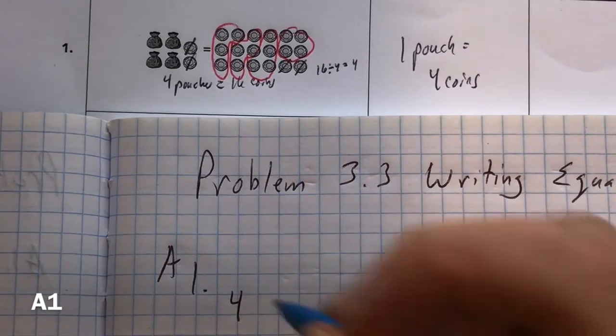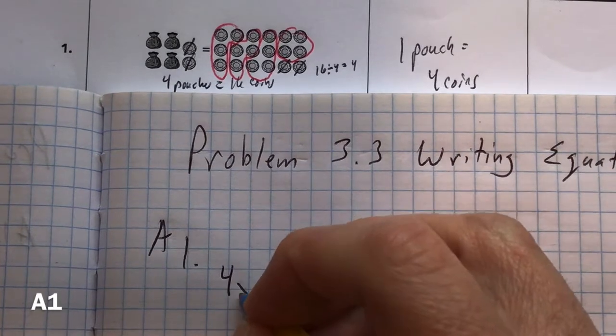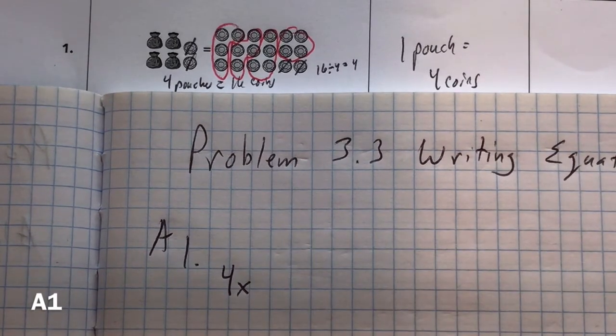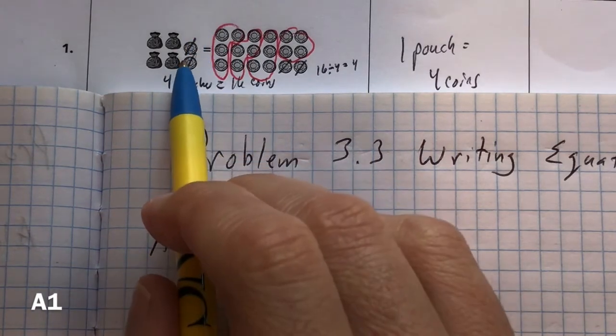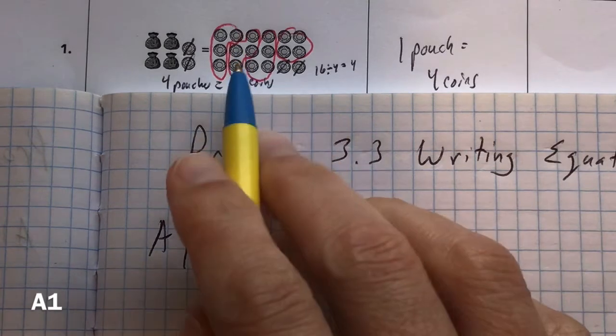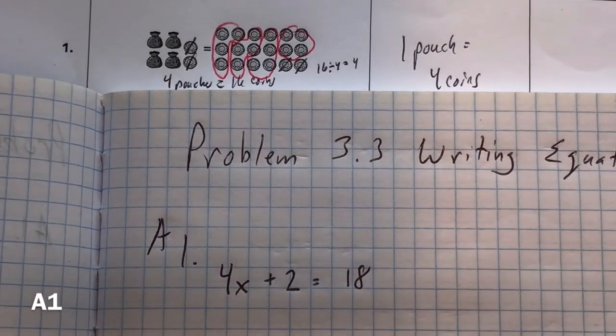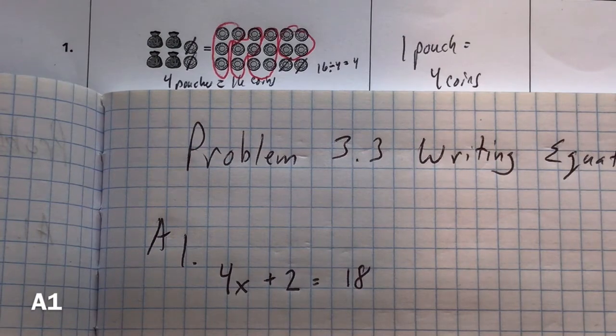So I have my 4 pouches, and I don't know what's in there, so I'm going to put in x. So it's going to be multiplied, so 4 times that number of coins. And I have a plus 2 here. And then I have equals 18. Okay, so that is the new equation structure.